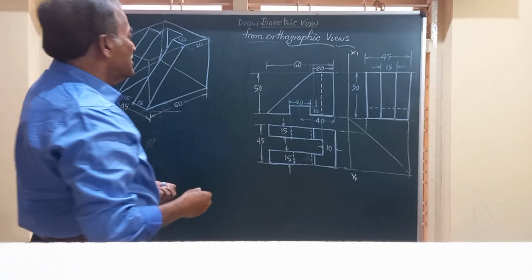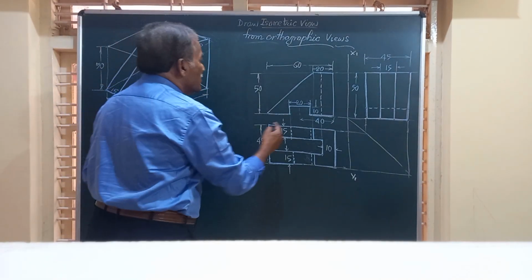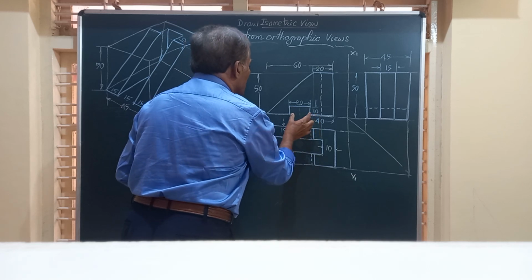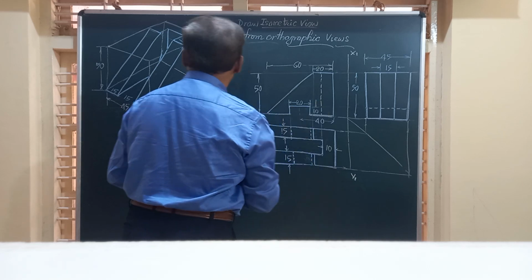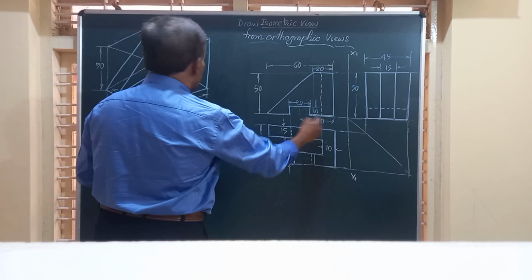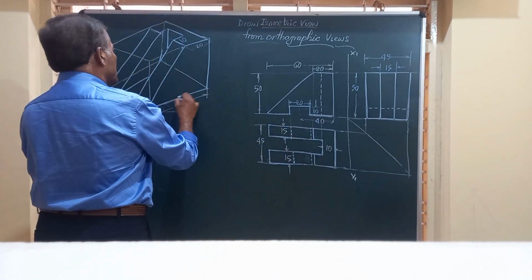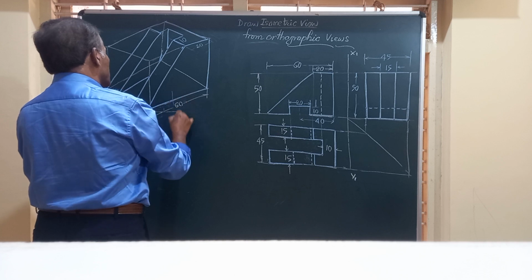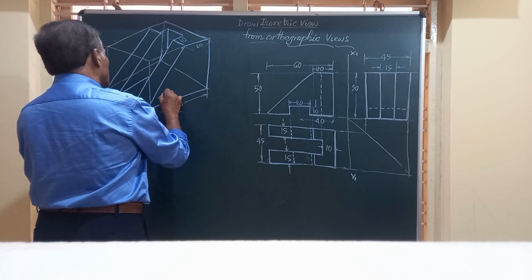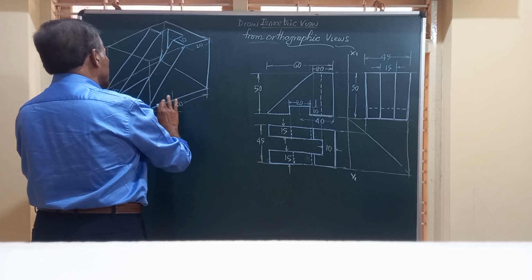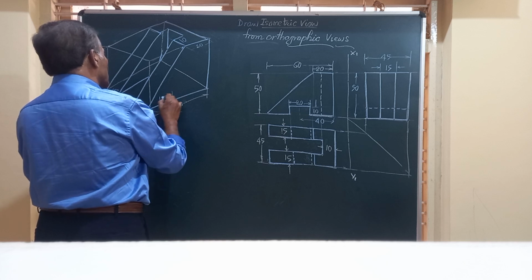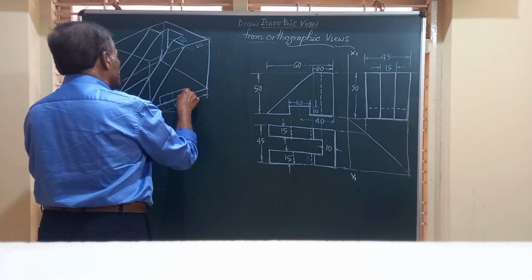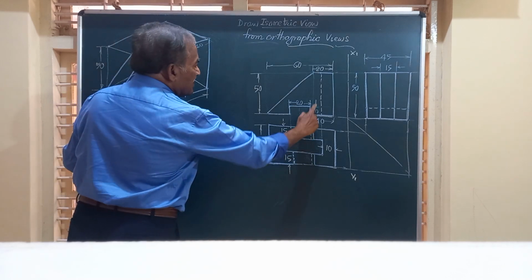Now, friends, here in the front view, you have got a slot of 20 with height 10, and that is there at a distance of 40 from there. From here, you take a distance of 40 millimeter, say up to here, and then we have to construct a rectangular slot here with a height of 10 millimeter.